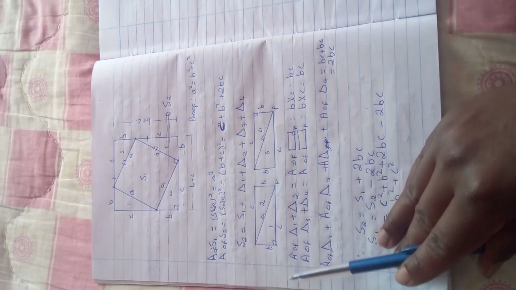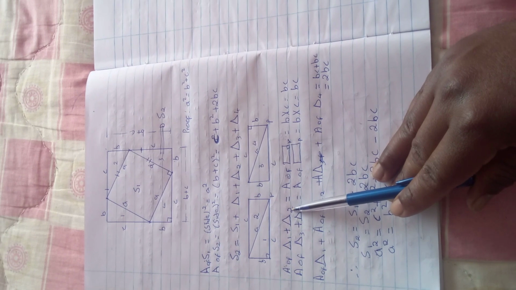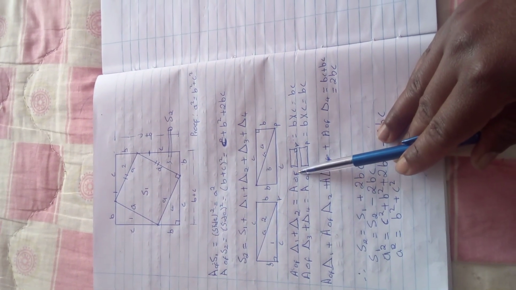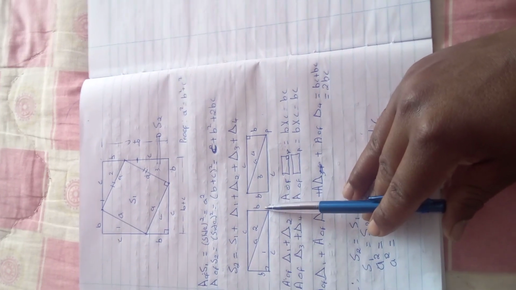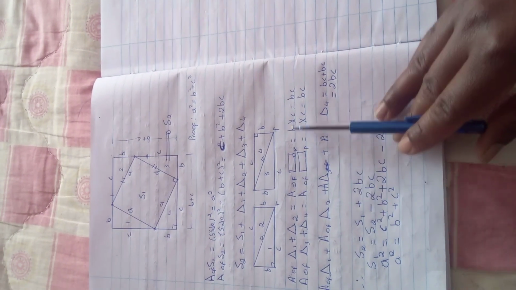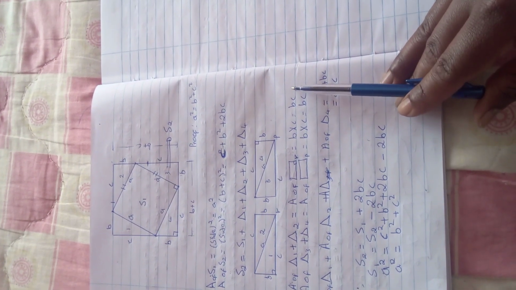Now, the area of triangle 1 plus the area of triangle 2 is equal to the area of the rectangle, which I've labeled R here, the area of rectangle R being b times c, or just bc.